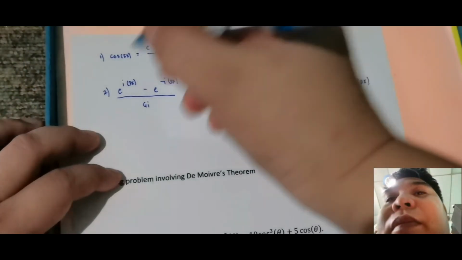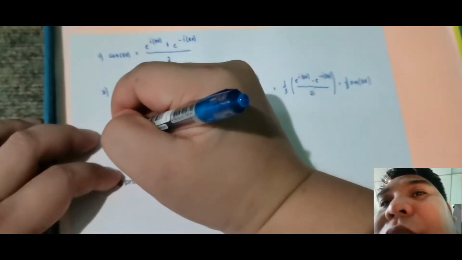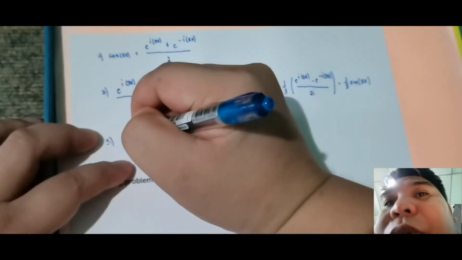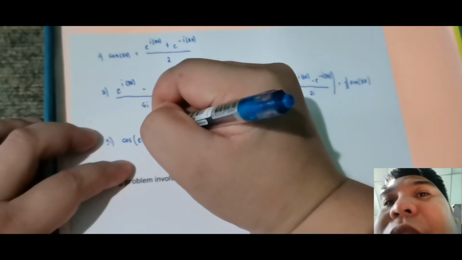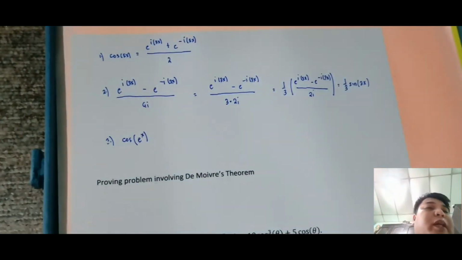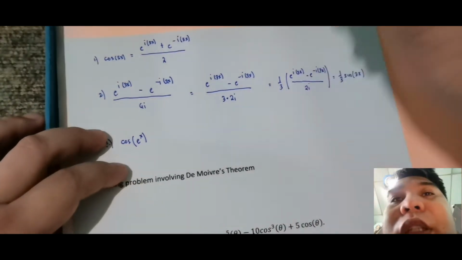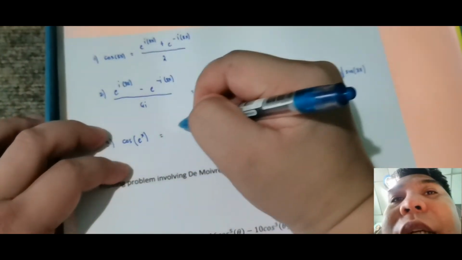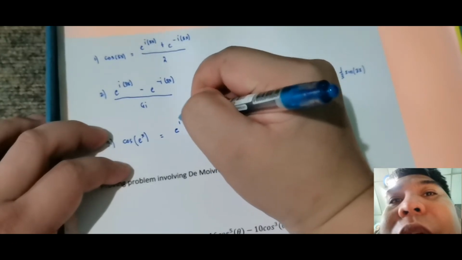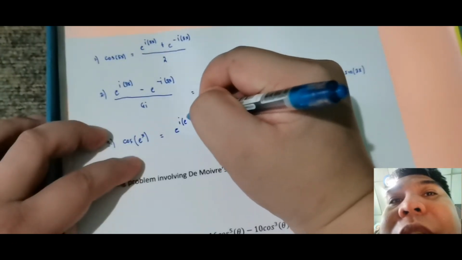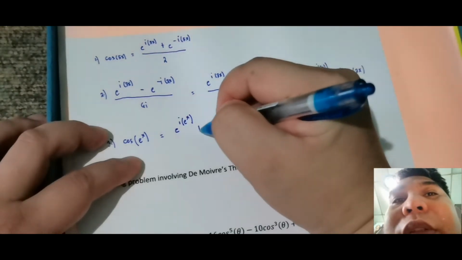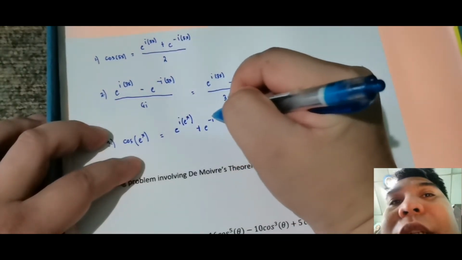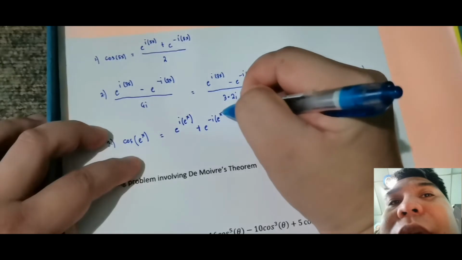So lastly, number 3. So if we have cosine of e raised to x. Okay, so para talaga maliwanagan ka na kasi ganito ko halo-halo ko siya minsan binibigay eh. So this is equivalent sa e raised to I times e raised to x, then plus e raised to negative I e raised to x.